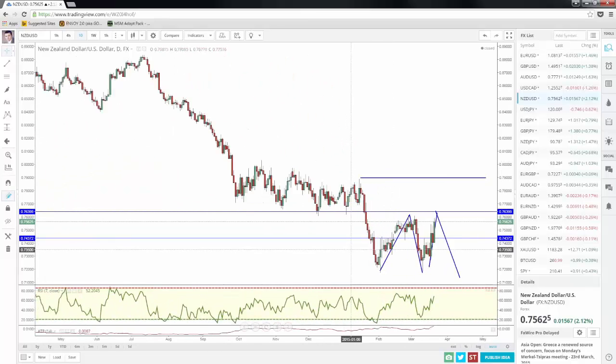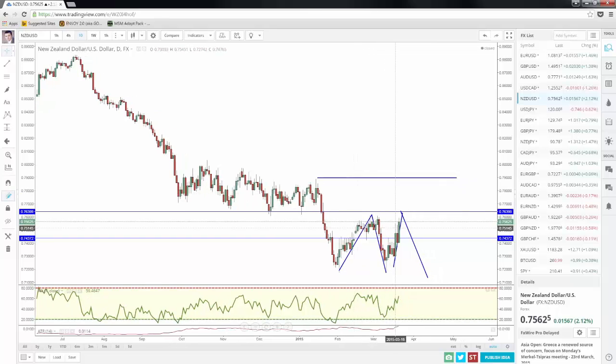But you decide whether you want to wait for the break and look for the retracement to trade really a reversal type of trade, or if you want to short here at 76.37 and look for that trend continuation. I'm going to be watching this into the early part of next week and trying to make my decision as to which way I'm going to go, and it'll depend largely on what happens on the lower time frame. But that's basically where I'm at with that.